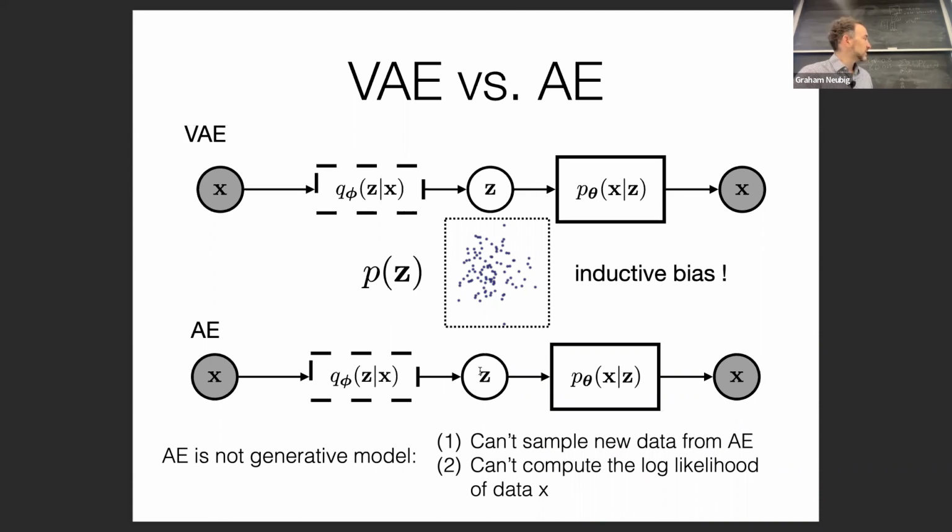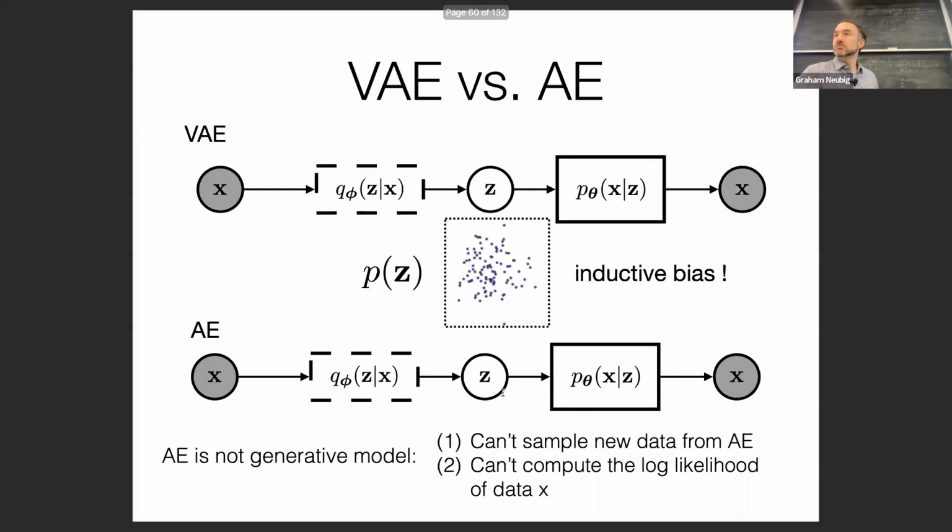You also can't compute the log likelihood of the data X, because to calculate an autoencoder, you take X, deterministically find this variable here, and then output this variable here. But there's no way of calculating the log probability. So you can think of the VAE as a probabilistic model. An autoencoder may be good for learning latent representations, but it's not a probabilistic model.